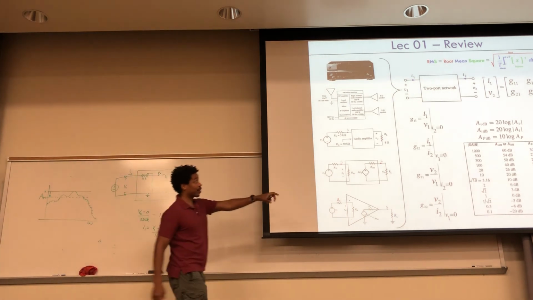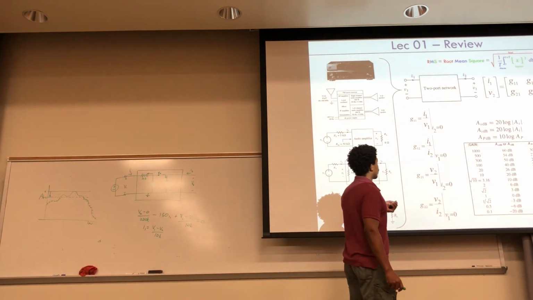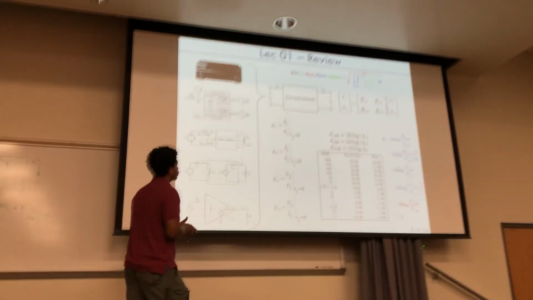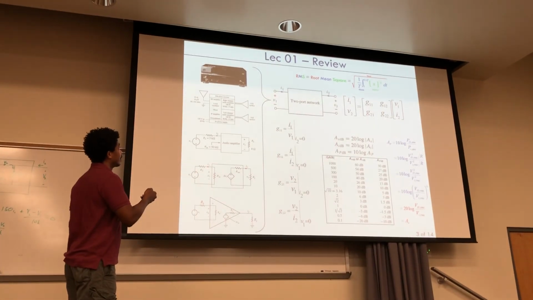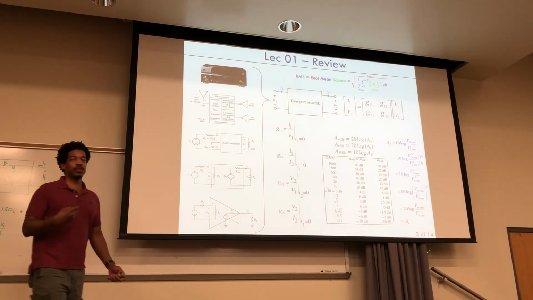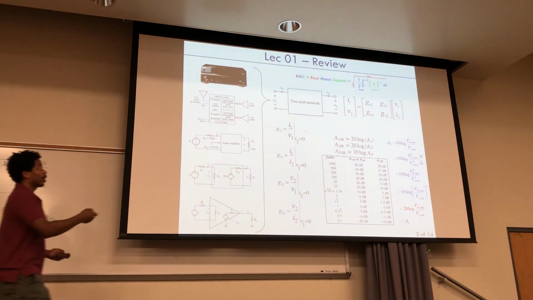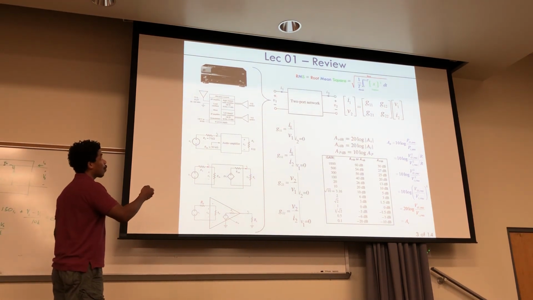And it's the same with all the other ones. Like for this one right here, your V1 is 0. So for V1 to be 0, what do you do? Yes, you short it. So you put a physical wire right here, right?